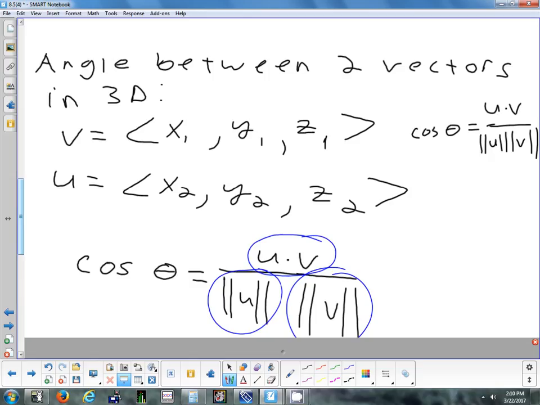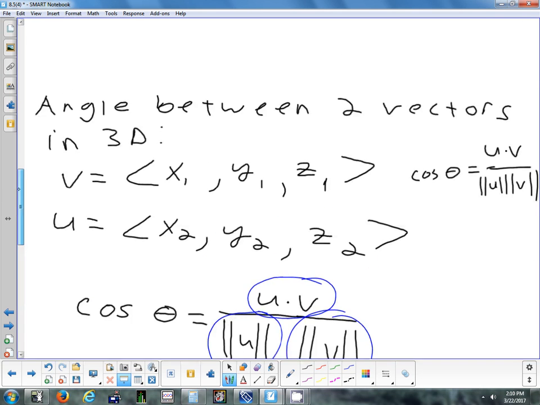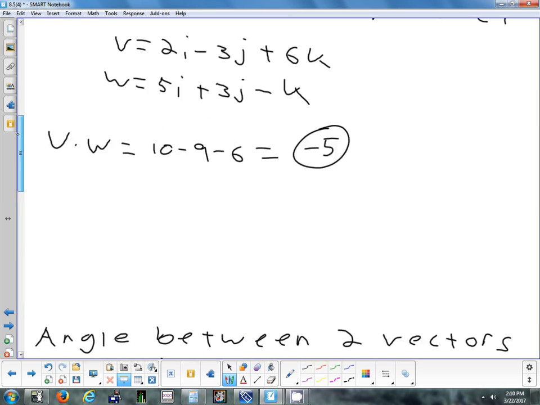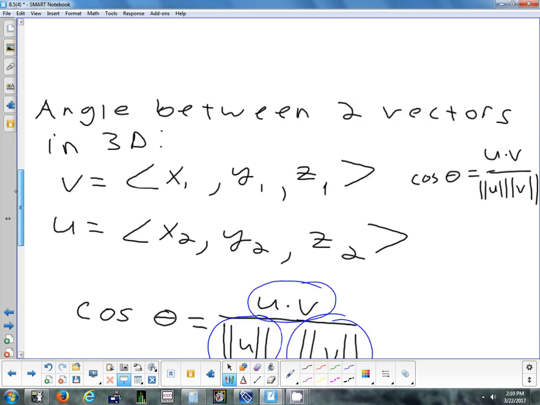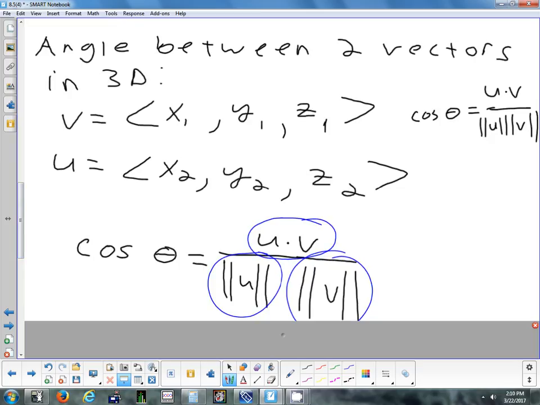So it's the dot product over the product of the magnitudes. We'll use the two vectors I just had up above and find the angle between them, because we already know the dot product. The bottom is the product of the magnitudes.